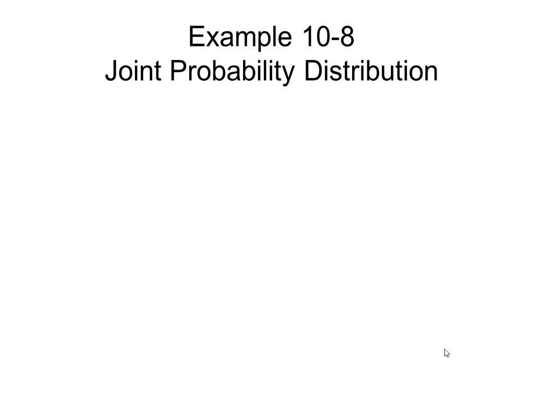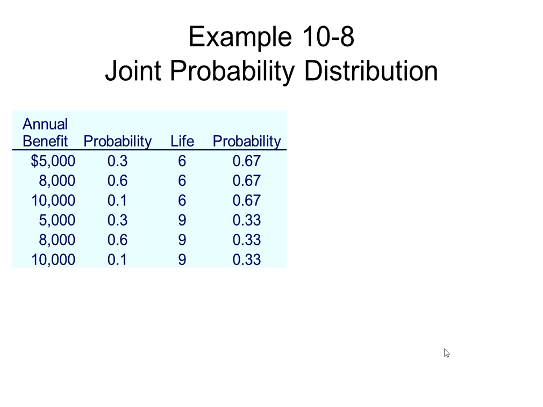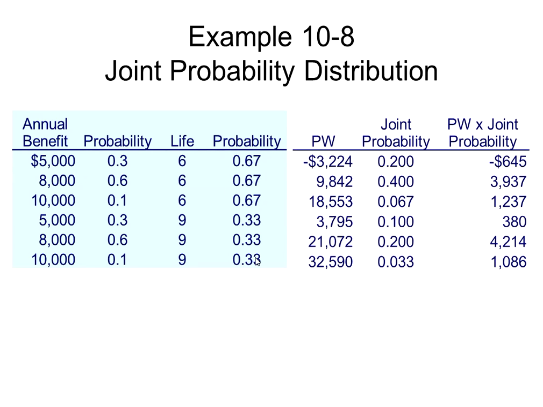So now let's take a look at the example where we again look at joint probability distributions. We have annual benefits and their respective probabilities, and we have different lives and their respective probabilities. That allows us to set up, as we did before, the present worth for each case, right?